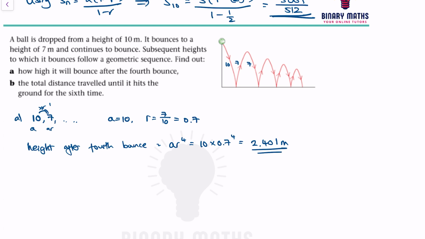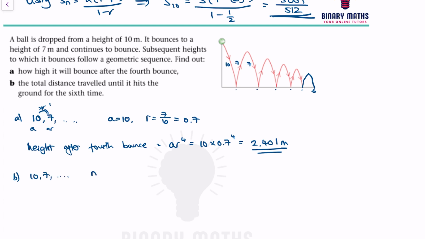B, the total distance traveled until it hits the ground for the 6th time. So if I'm looking at the ground for the 6th time, this is the 1st time, 2nd time, 3rd time, 4th time, 5th time. So the next one is the 6th time. So I need to work out S_6 basically. So we've got 10, 7, and so on.